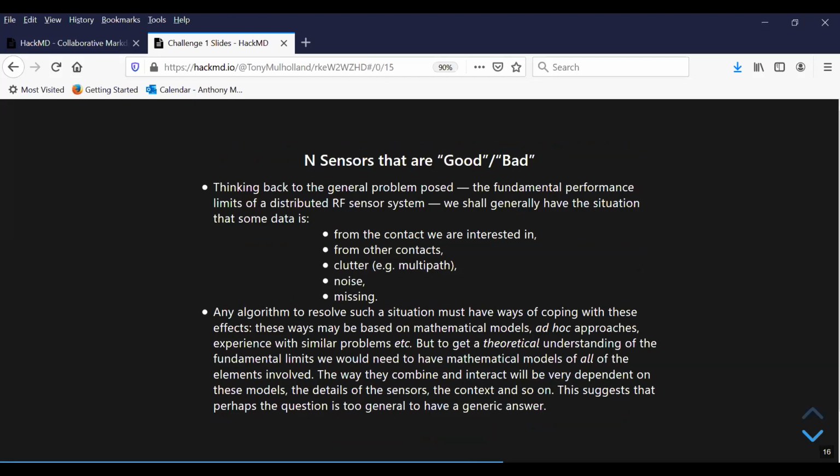And any algorithm that's going to resolve such a situation must cope with these effects. And the way they interact and combine will vary a lot depending on the problem. So that suggests something that Catherine said about one of the other challenges yesterday, that perhaps the question is too general to have a generic answer. So can we go on to the next slide, please?